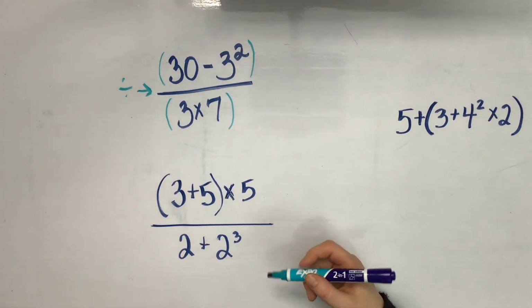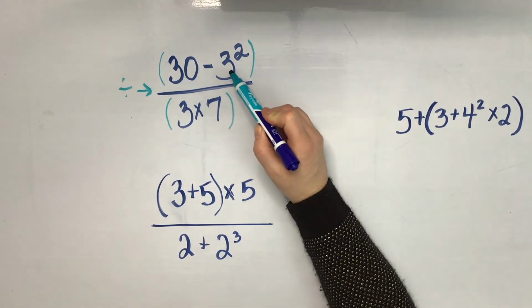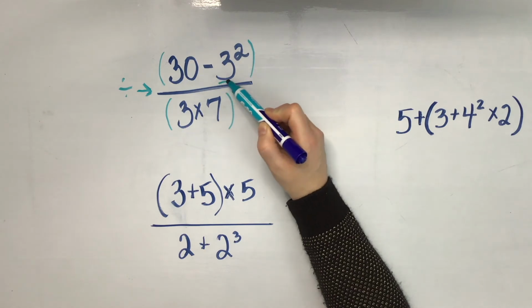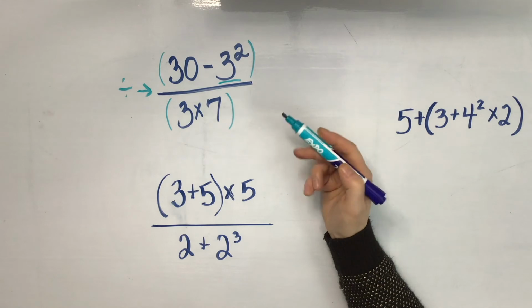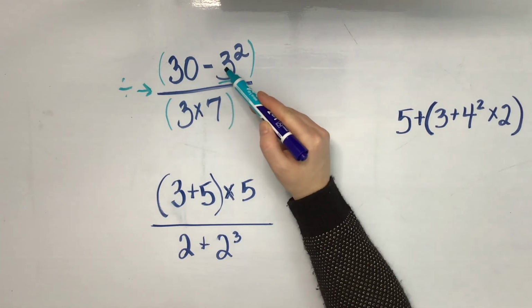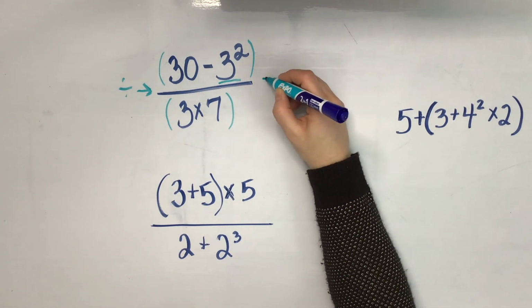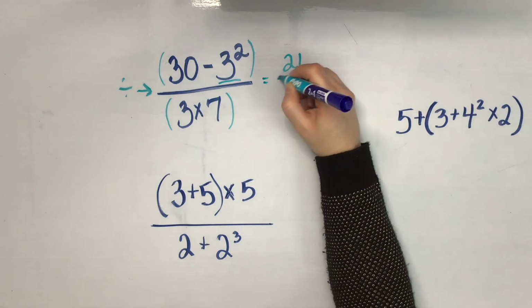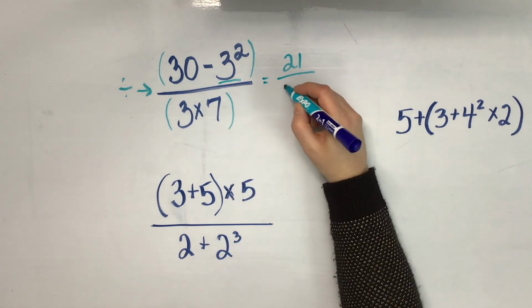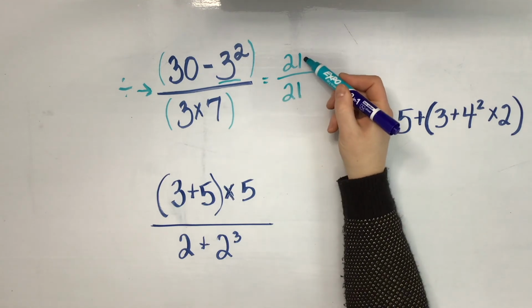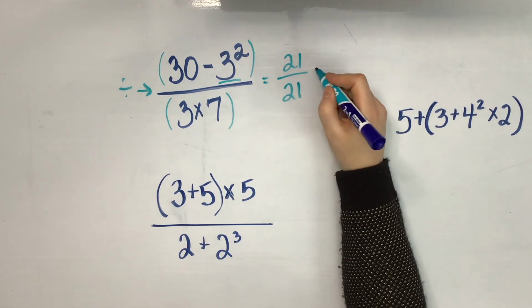So I've got 30 minus 3 to the power of 2, so the exponent must be done first. 3 times 3 is 9. So this is 30 minus 9, which is 21. On the bottom, I have 3 times 7, which equals 21. So finally, 21 divided by 21 equals 1.